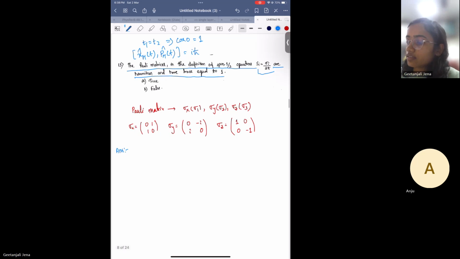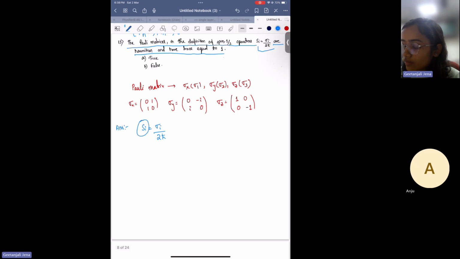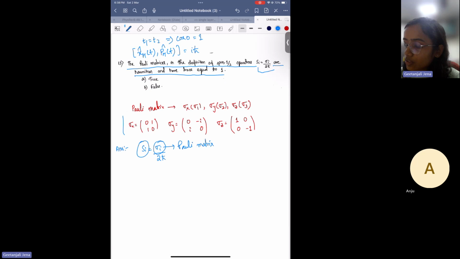So what is given to us? It is asking about the Pauli matrices. So for spin half particle, the spin angular momentum can be written as sigma_i by 2 ℏ. So this spin angular momentum expression is not required for our problem here. What is of interest here is this matrix sigma_i, which is the Pauli matrix. These are the expressions for the Pauli matrices.